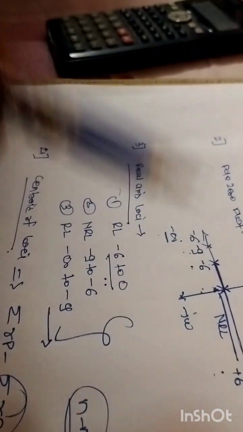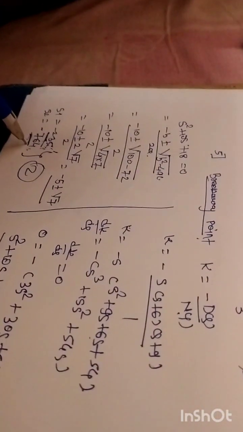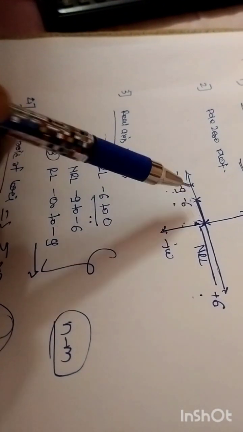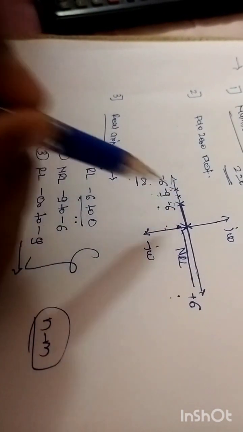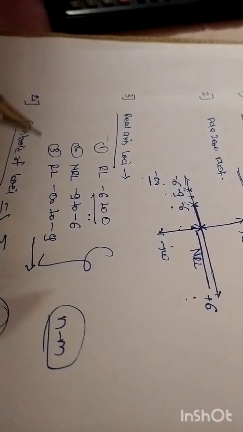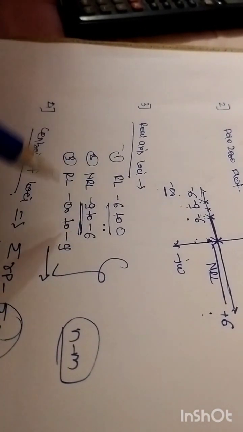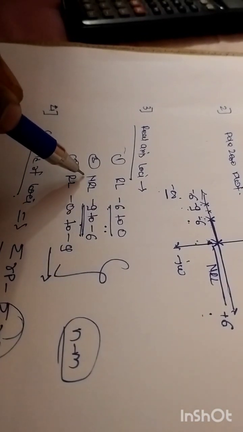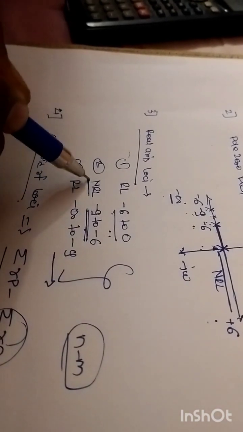As far as the second root of this quadratic equation is concerned, it is minus 7.64, right? So this minus 7.64 undoubtedly lies in between minus 9 to minus 6, somewhere here. But when we consider the real axis loci step in this root locus technique, there will be no significant presence of this root locus.